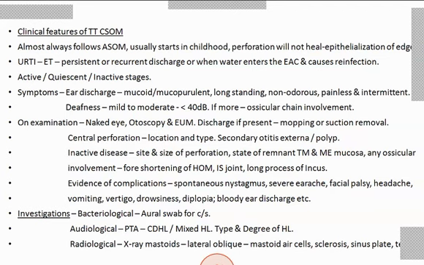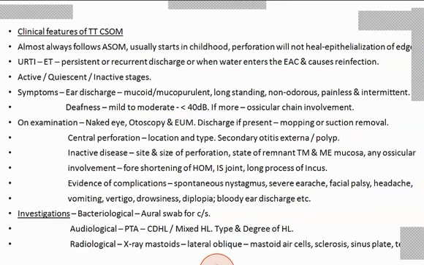There will be a typical history of chronicity of the ear discharge and intermittent discharge. Or the discharge may also occur whenever water enters into the external ear, causing reinfection. Clinically, we divide the tubotympanic disease into three stages. One is the active stage, the second is the quiescent stage, and the third is the inactive stage.